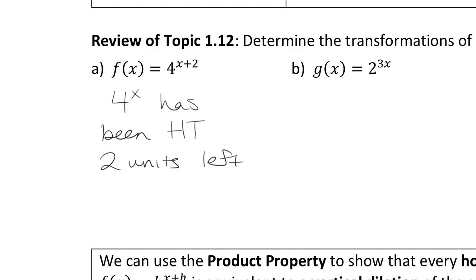Are y'all okay with me using HT for horizontal translation? Because those are really long words and I don't feel like writing them all the time. Horizontal translation means we've scooted it from side to side. Why did I say to the left? As just like a bonus question right here.